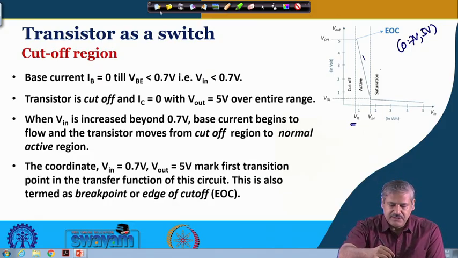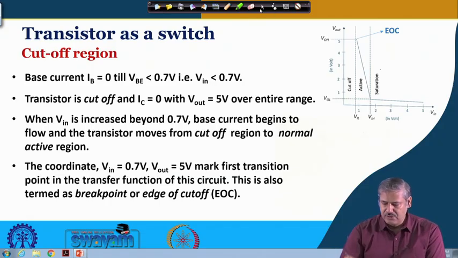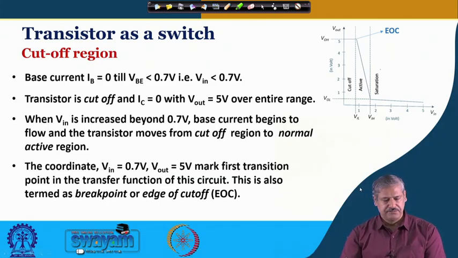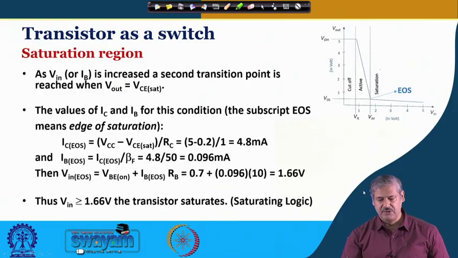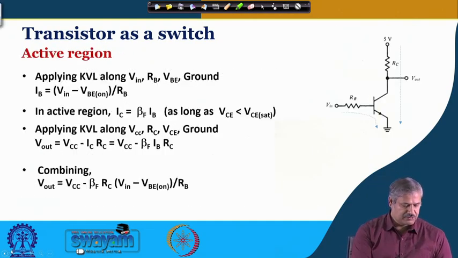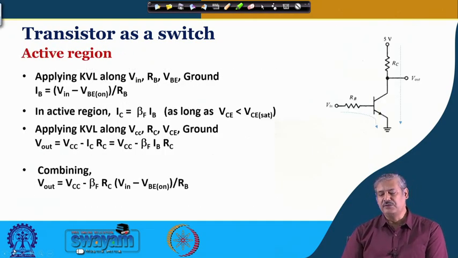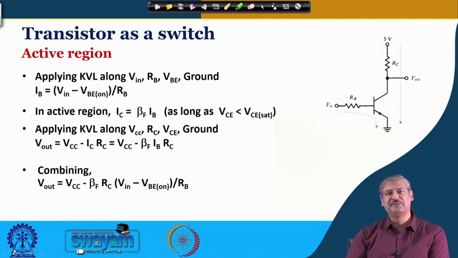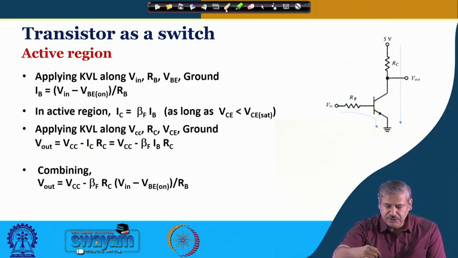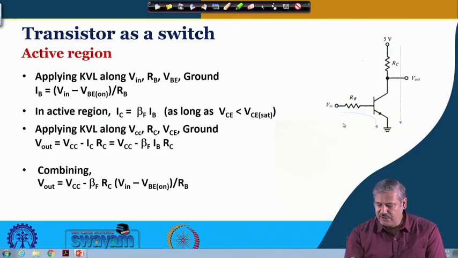Next we shall see what happens when it enters into the active region. When it enters the active region, current flows along two loops that we can see here. One is along this loop, another is along this loop.